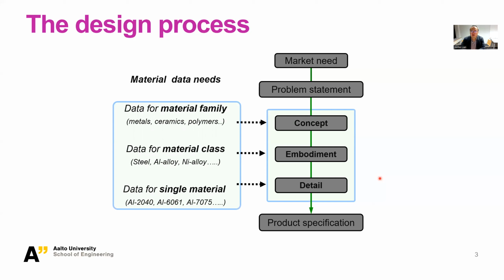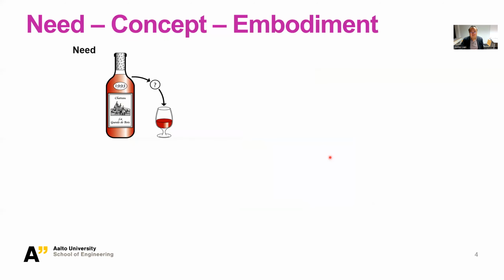It goes on at each step. The difference is that at the concept level, you need to think more about the material family, so you don't need to be specific. But when you go to embodiment and detail, you should go to the second and third level of detail of your material properties. All right, now let's go through these 3 steps one by one.